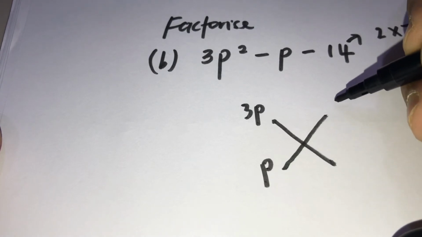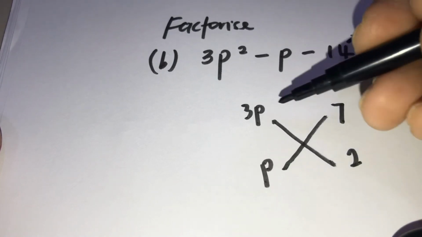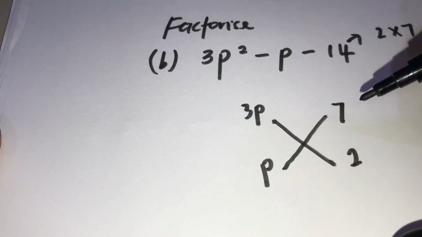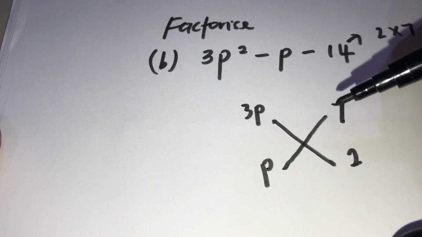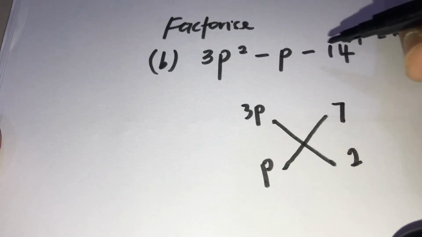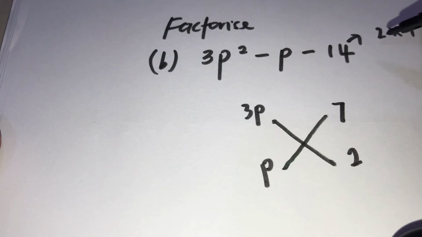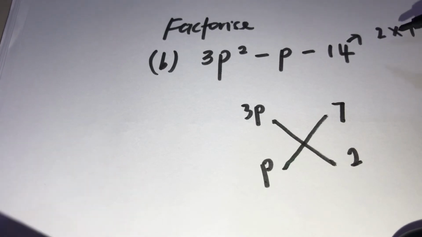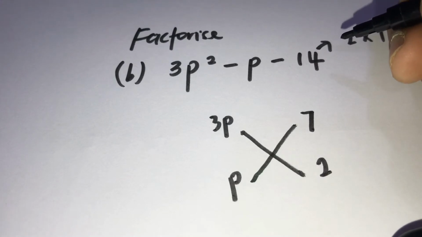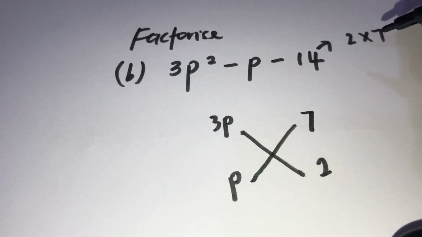Okay, you just try first. Then you can think that 3 times 2 is 6, 7 times p is 7p. So how to make it become negative p? You must have negative 14, right? So one number must be negative, because positive times negative you get negative. Either you put it at 2 or you put it at 7.